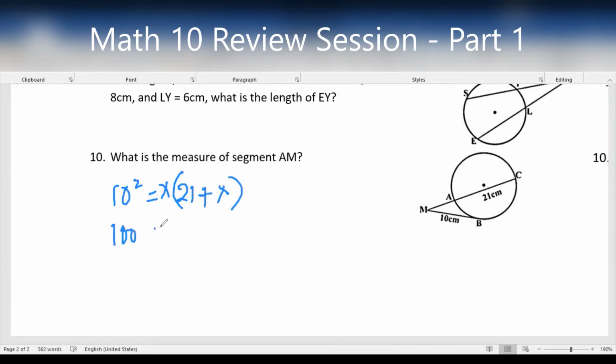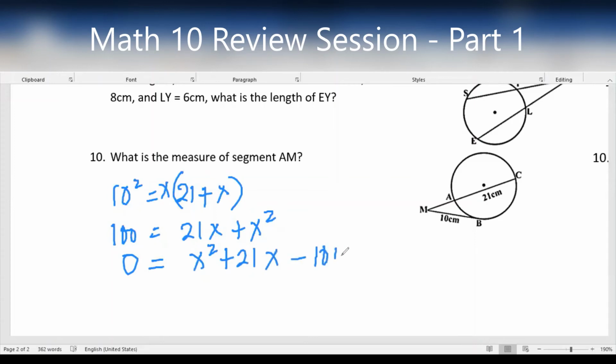Tapos, 100 is equal to 21x plus x squared. So, x squared plus 21x minus 100 is equal to 0. Yung roots po niyan is 4 and negative 25. Wala pong negative answer, kaya yung answer po ng x is equal to 4.